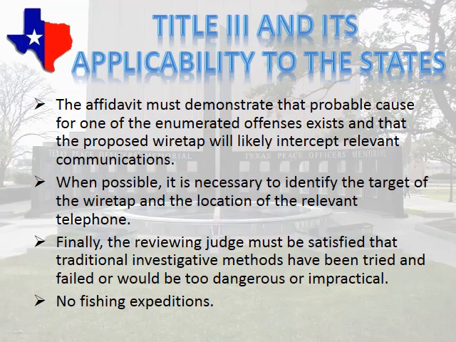Finally, the reviewing judge must be satisfied that traditional investigative methods have been tried and failed or would be too dangerous or impractical. And there are no fishing expeditions, so you can't just say, well, I've got information John Doe's selling drugs, let me wiretap his phone to see if I can get some information to help prove it up.